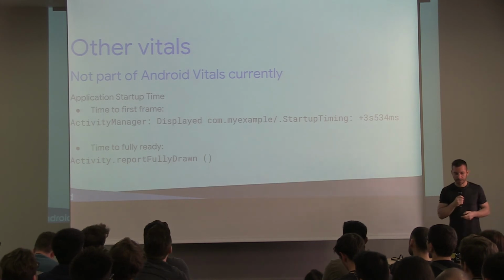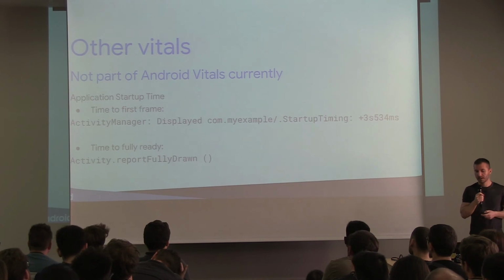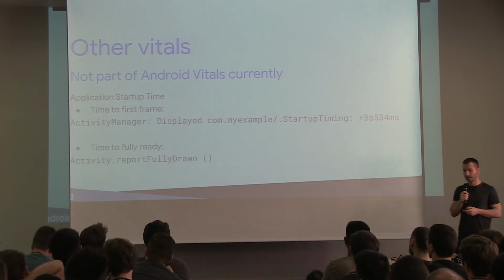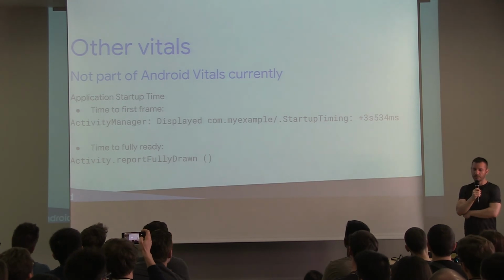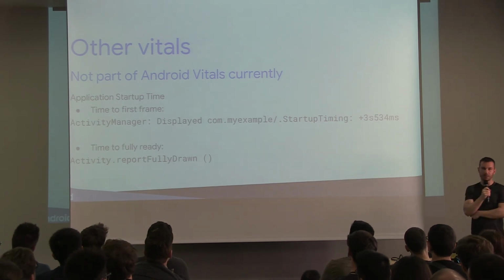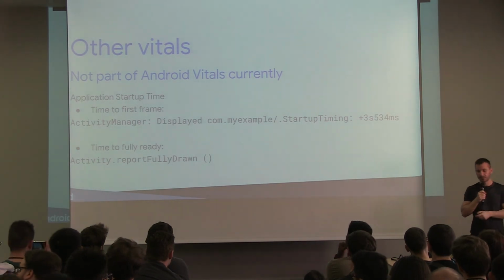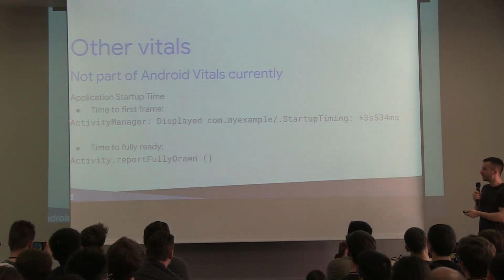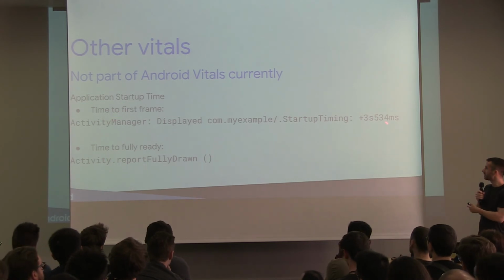And another thing that is super important for how users perceive your apps is application start time. And I don't think it's part of Android Vitals currently, but you can use basically profilers and systrace, and even just running your app on an emulator. Whenever it draws the first frame of an activity, it displays this message.